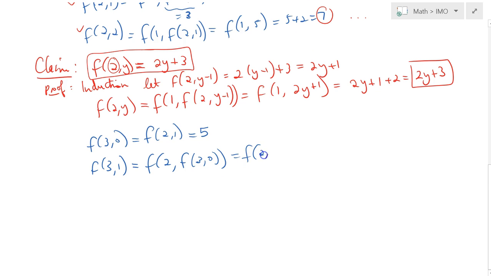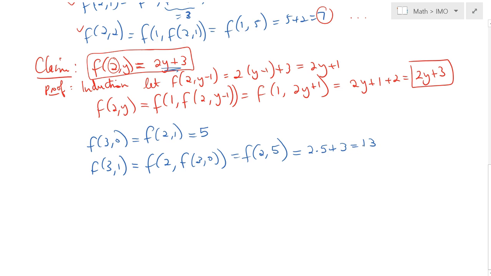I already got f of 3, 0 as 5, so f of 2, 5, and f of 2 of something is given by this formula, which is 2 times 5 plus 3, which is 13.